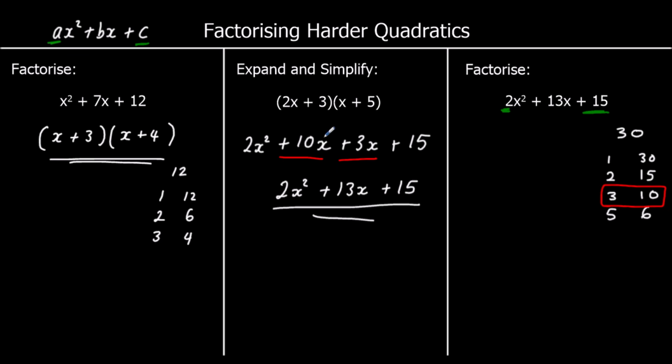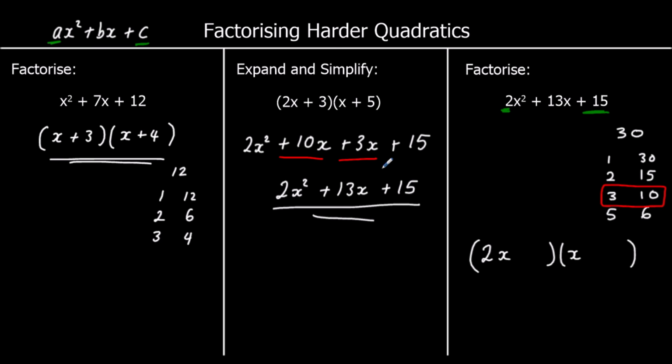So let's put this into brackets. We've got 2x squared, so we know we can get 2x squared by doing 2x times x. And we're going to use 3 and 10. But remember, we've doubled one of them. So how can we undo doubling one of them?